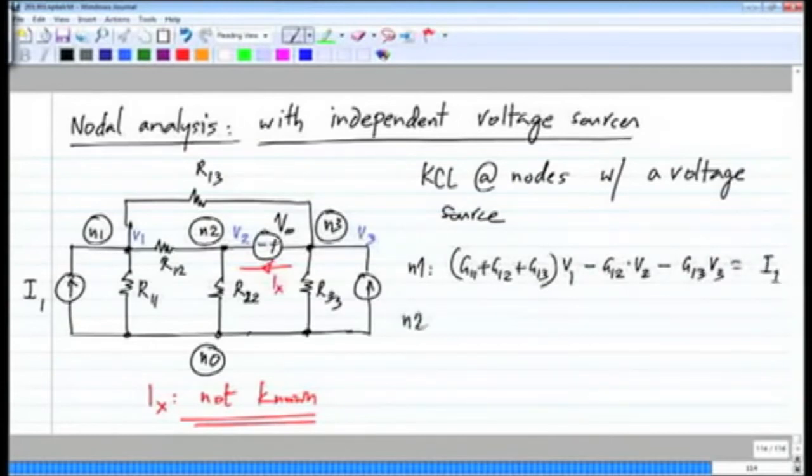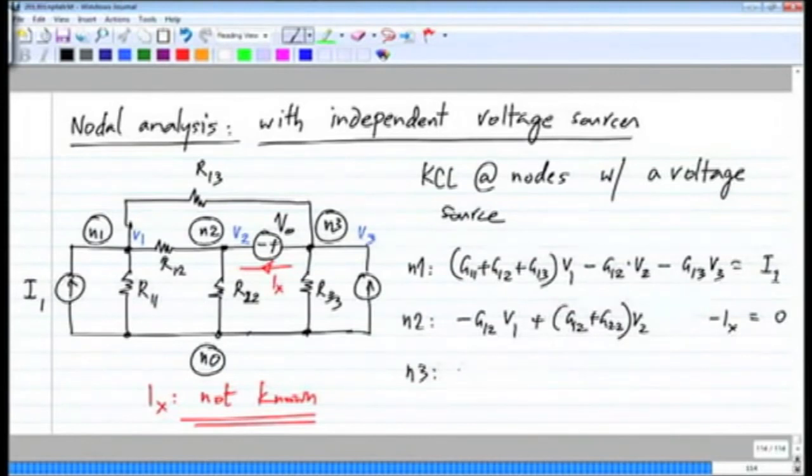At N2, what we have are the currents flowing out, that is V2 times G22, V2 minus V1 times G12, and minus Ix. Ix is flowing in, so minus Ix is flowing out. And similarly at N3, what do we have?